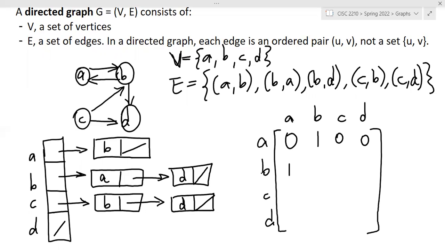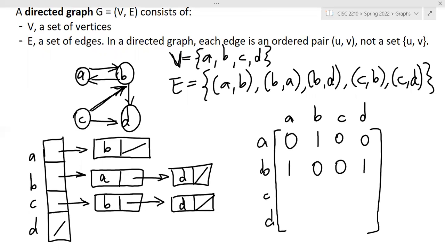There's an arrow from B to A. Is there an arrow from B to B? No. Is there an arrow from B to C? Well, there's an arrow from C to B, but not from B to C. The order matters. So this is a 0. Is there an arrow from B to D? Yes, so there's a 1.